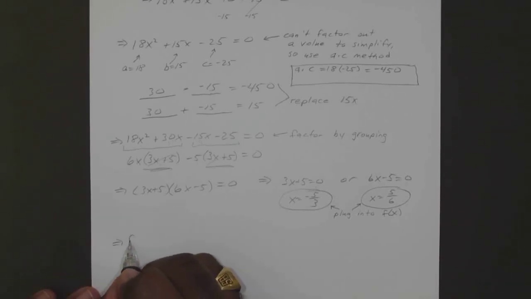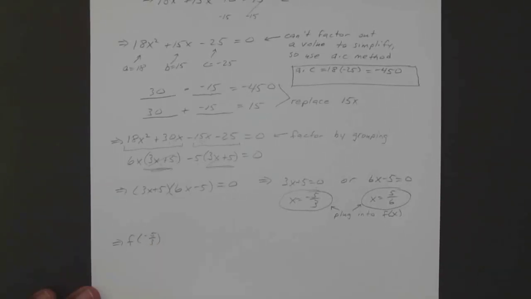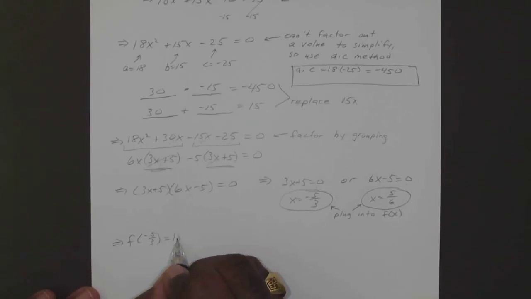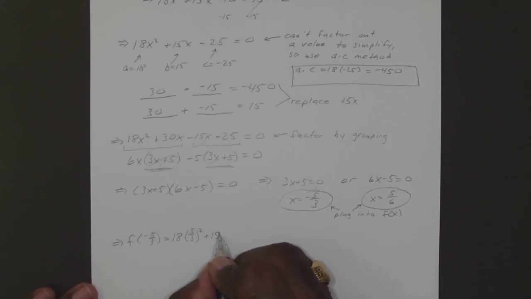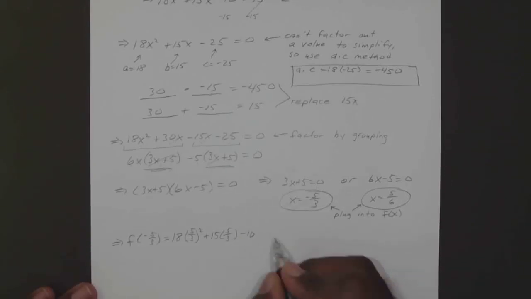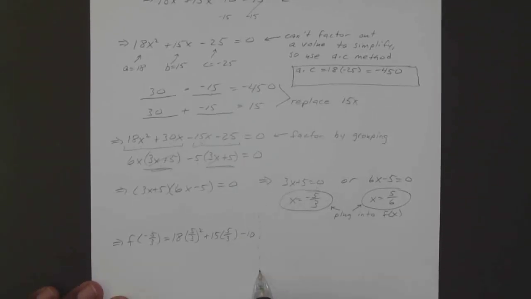So f of negative 5 over 3 is going to equal 18 times 5 over 3 squared plus 15 times 5 over 3 minus 10. I'll kind of separate that a little bit, and hopefully I'll be able to finish it all in one.